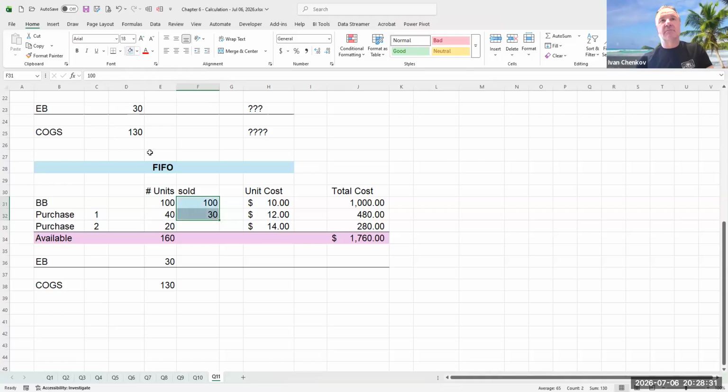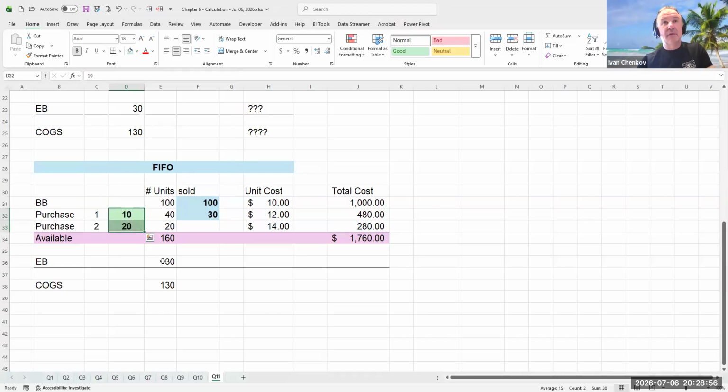This is what I sold. The other option is, I can go with the ending balance. What's left? I have 30 units, the 20 units coming from the last purchase and 10 units coming from purchase one, correct? That's another option that I have.